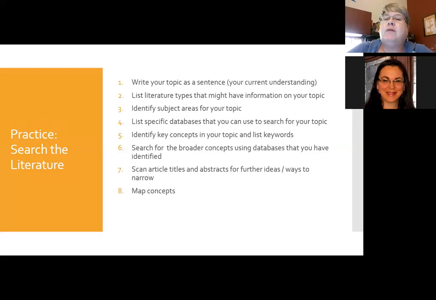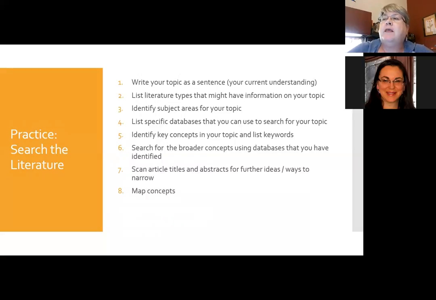Which subject areas might have that information? For example, customer service might be covered in libraries, but it also might be covered in patient care with nursing, or it might be covered as customer service in business. So thinking about the different subject areas will then help you list and identify the specific databases that you can use.